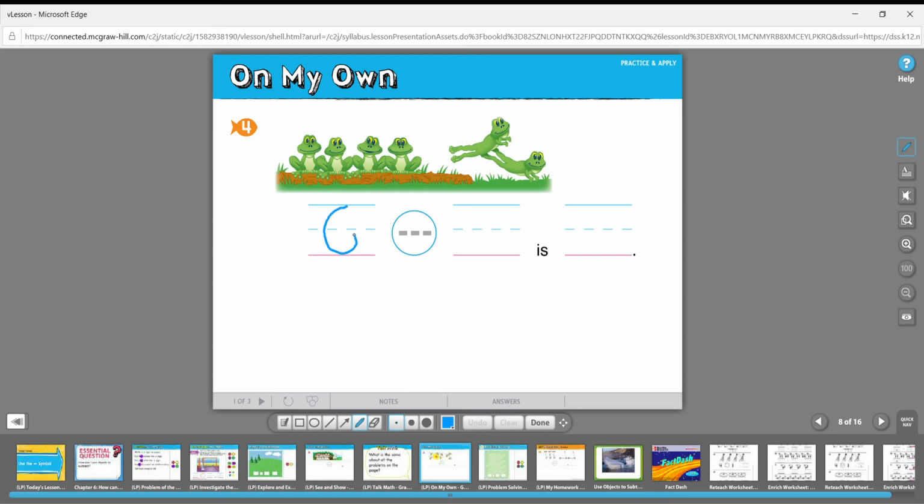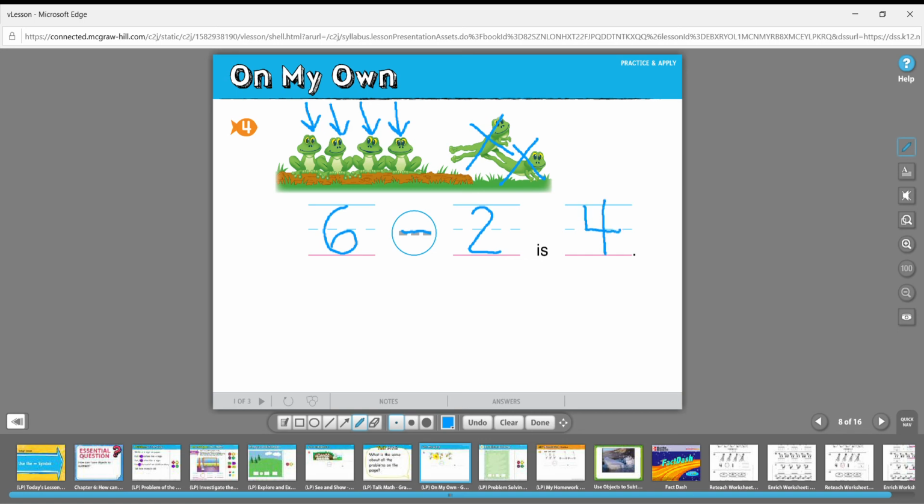That's all the frogs. Minus, right? How many are jumping away? 1, 2. 2 are jumping away. So how many are left? 1, 2, 3, 4. 6 minus 2 is 4.